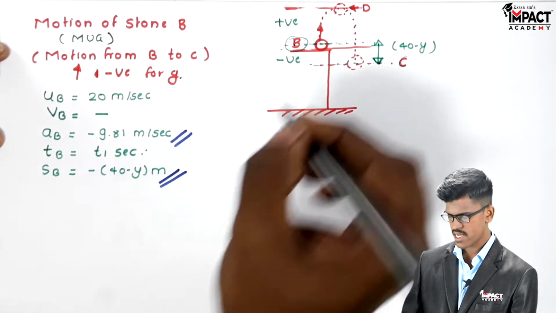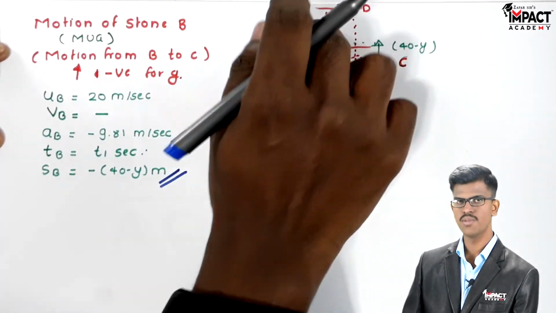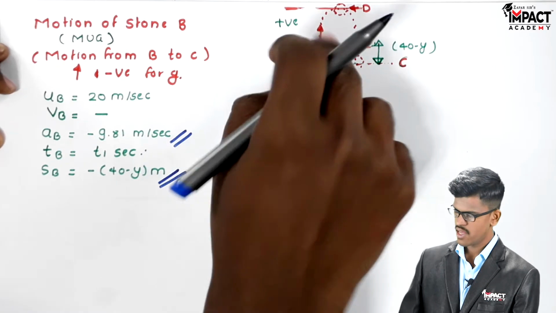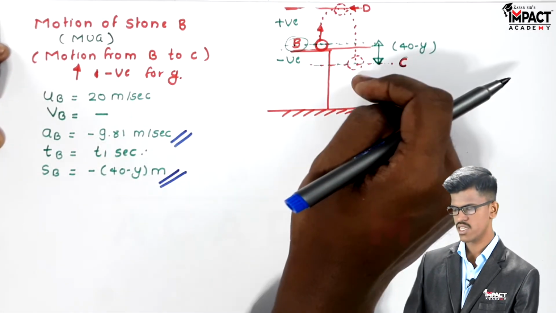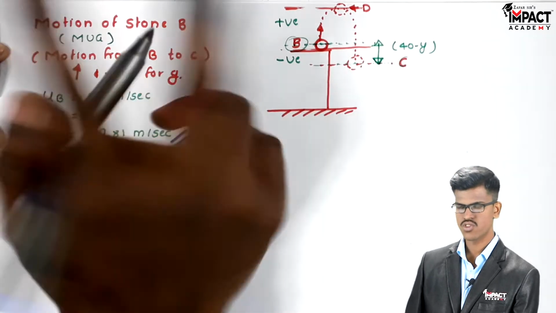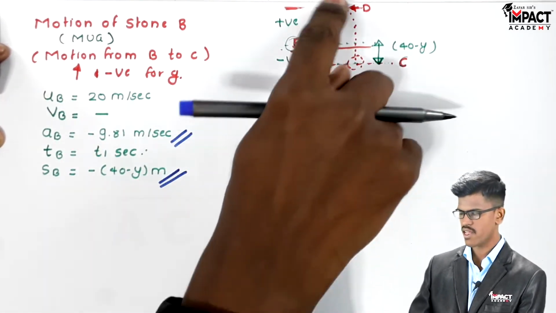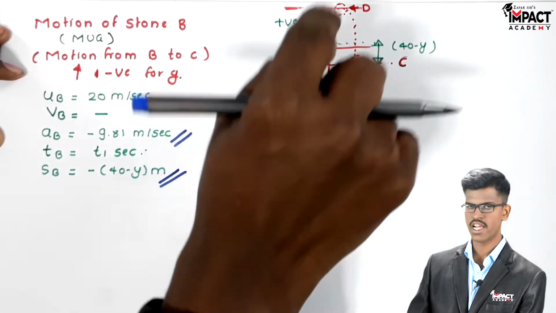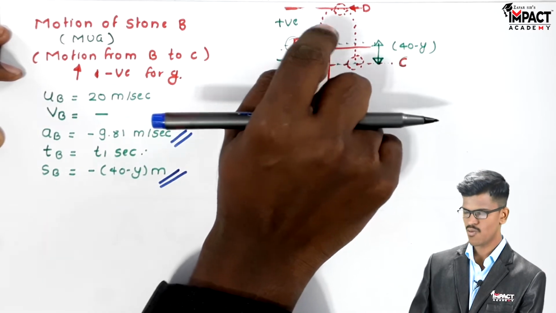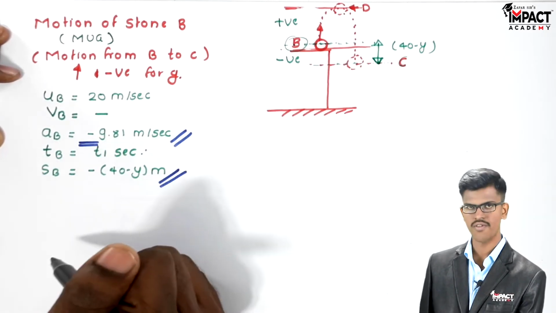For acceleration, initially B is projected upward, then reaches point D, and then from D to C it is motion under gravity. So there are two motions: one against the gravity and another under the gravity. Initially it is motion against the gravity, therefore we have to consider a negative value of a.